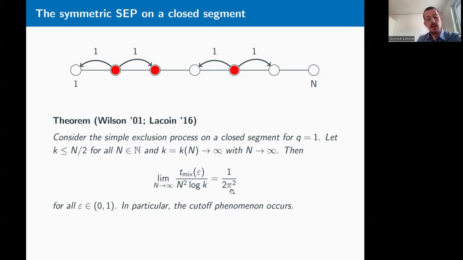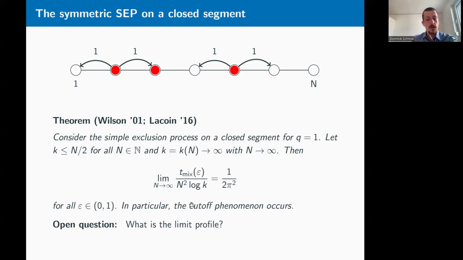So it's at order n squared log k with the leading constant of 1/(2π²). But we do not know what the limit profile is. And that might be the next step to try to understand, in this case where we're still in a rather simple setup of just an exclusion process on a segment of length n, maybe closed boundary conditions, trying to understand what you can say here about the limit profile.